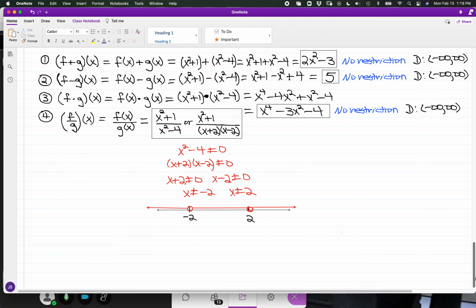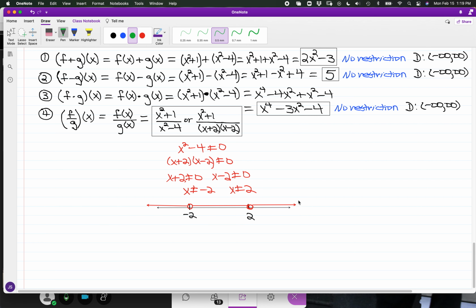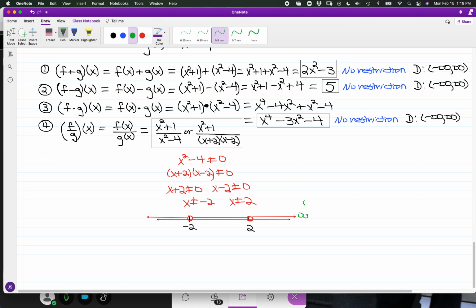And so for the domain of the quotient, once again with the 3 sections here, we have those values of x that are less than negative 2, along with those values of x such that negative 2 is less than x is less than 2, and you have parentheses throughout.